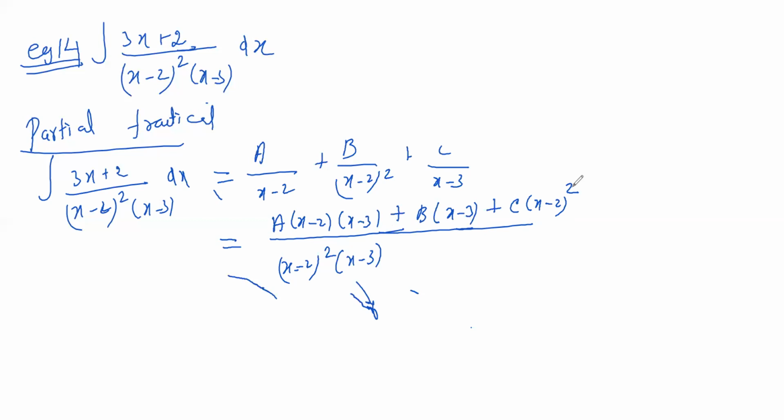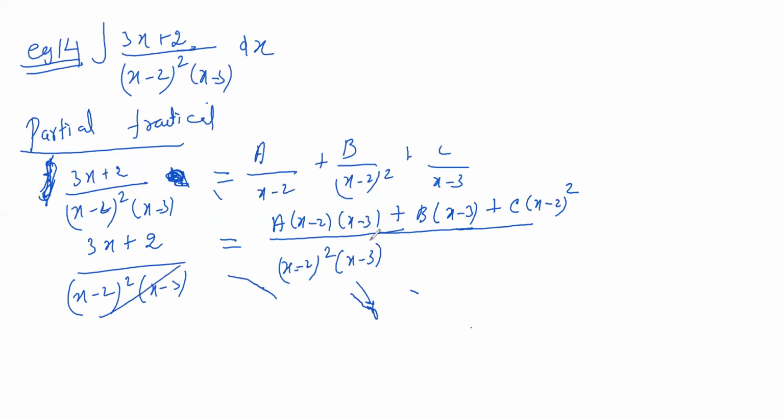Here there is no integration, we are taking only simplification, there is no integration, there is no dx. First we will go for simplification. Okay, now here the left hand side is 3x plus 2 by x minus 2 the whole square into x minus 3.